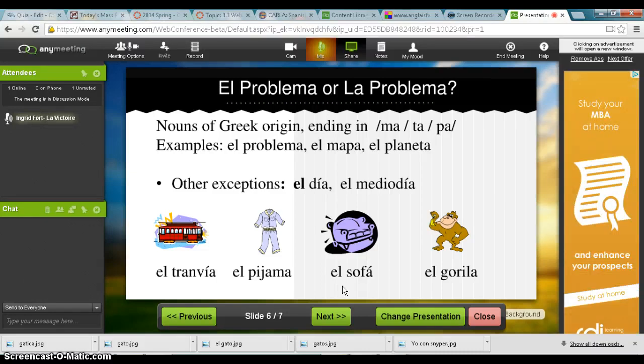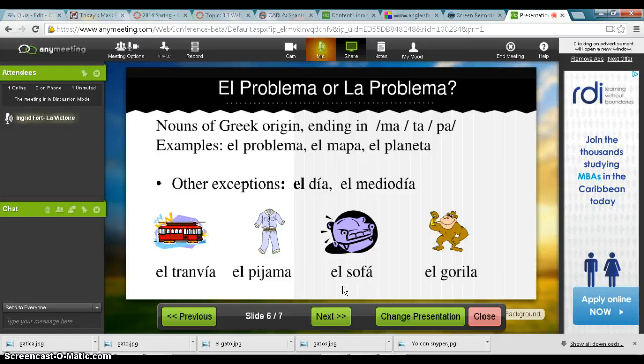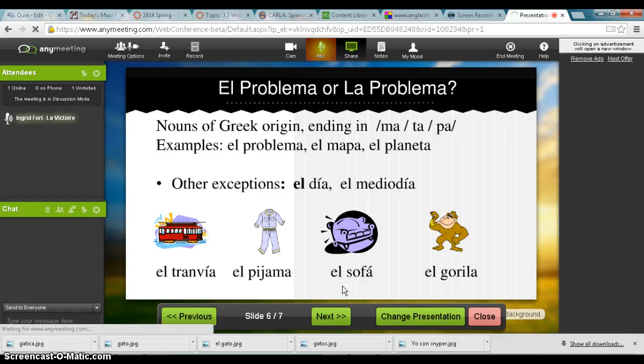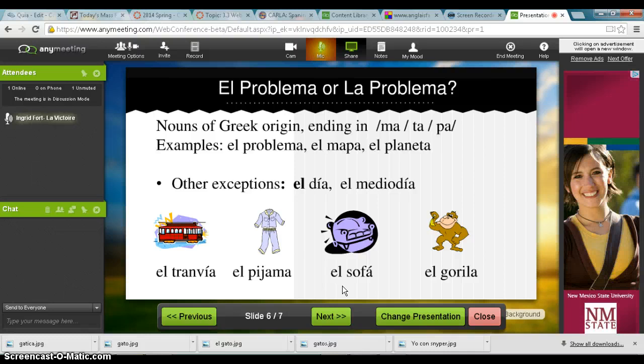You should not worry about this because this is a short list of words. These are nouns of Greek origin, ending in ma, ta, pa. Examples of that would be el problema, el mapa, el planeta.